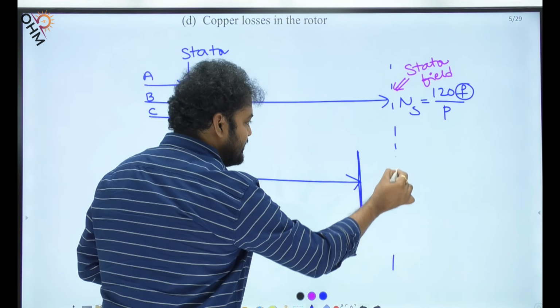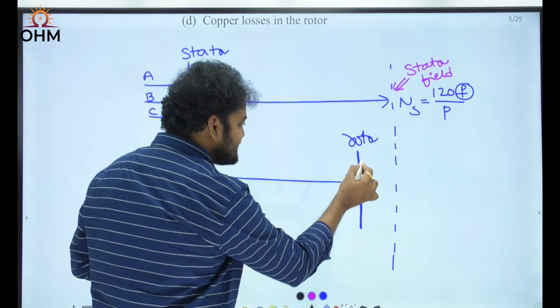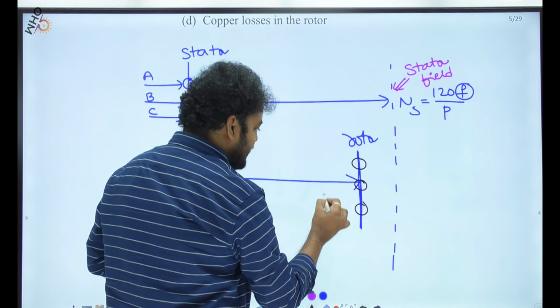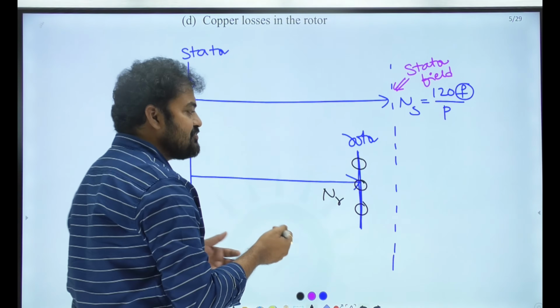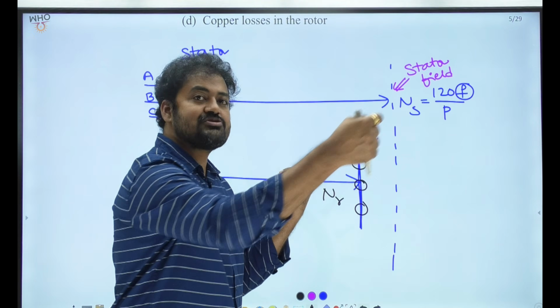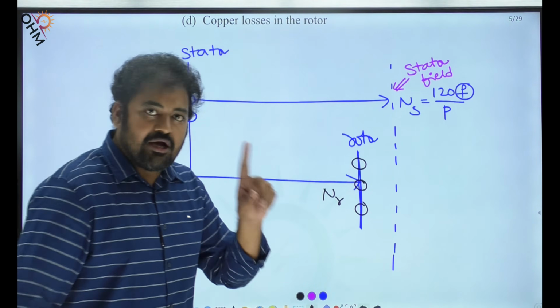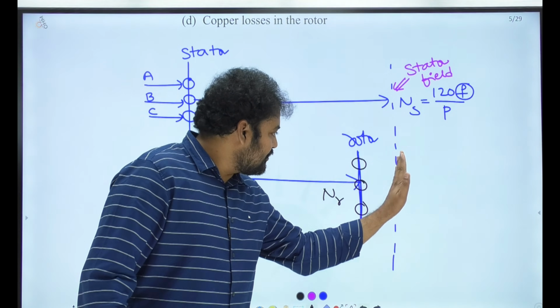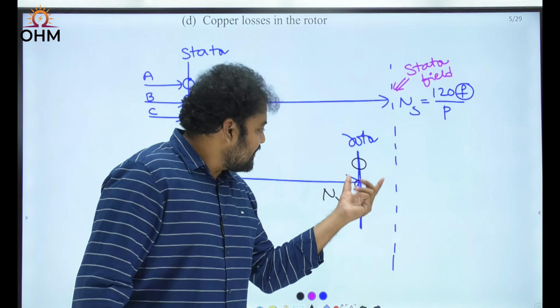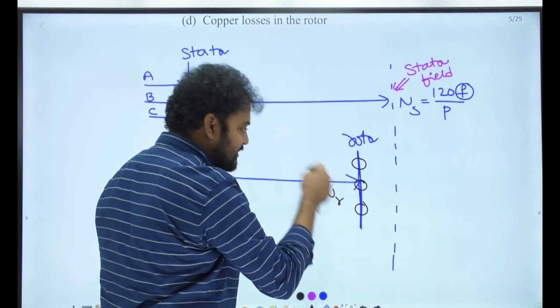Now, rotor speed is not equal to synchronous speed; it is less than synchronous speed, because the machine suddenly decelerated as the load torque increased. Now see what happens. The moment the rotor suddenly decelerated, a relative speed is created between the stator field and rotor conductors.